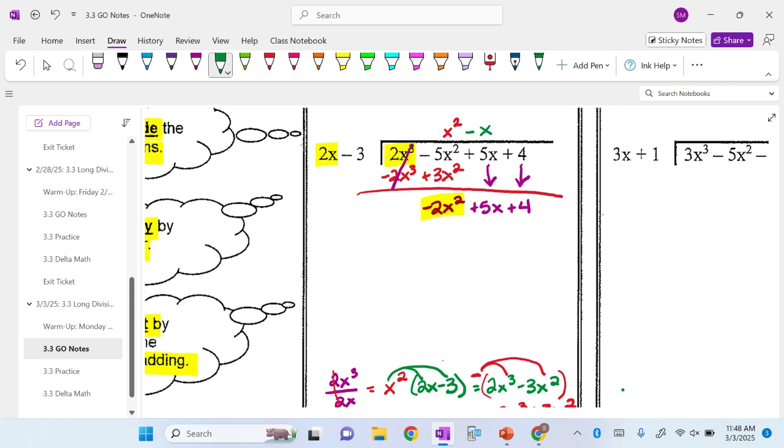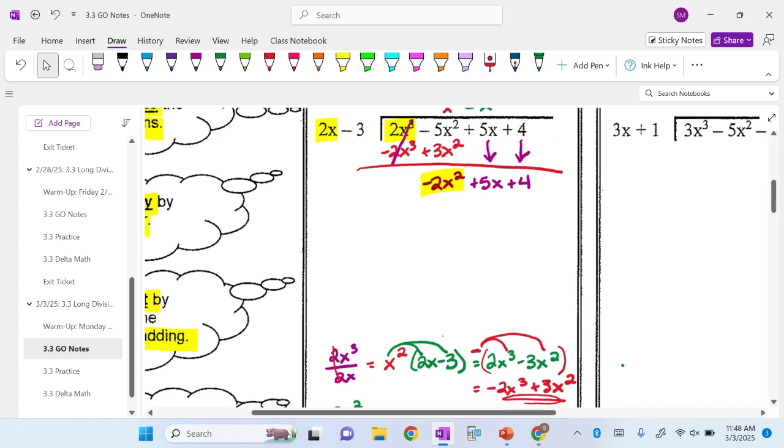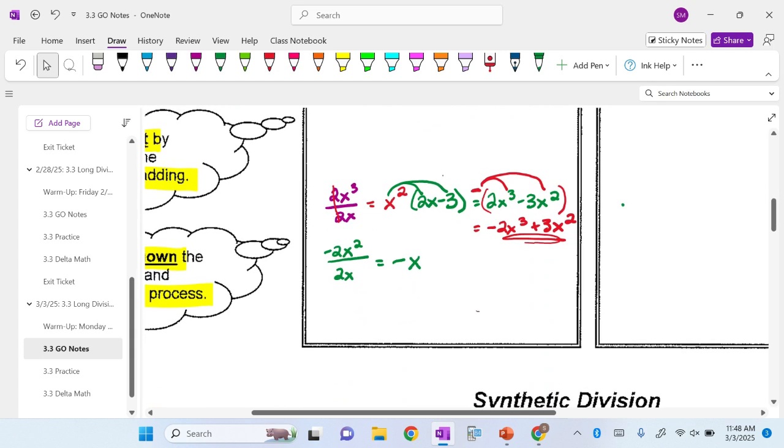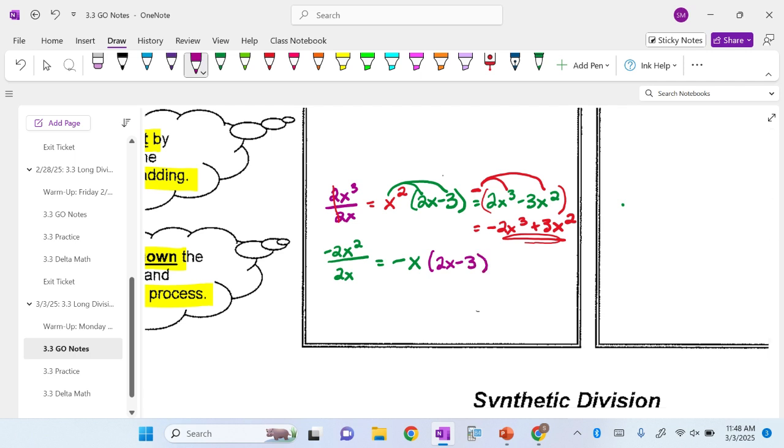Then to figure out what I'm going to be dividing by next, I got to multiply my quotient by my original polynomial, which is 2x minus 3. So again, distribute. And that would give me what? So it's negative x times 2x. Negative 2x squared. What's negative x times negative 3?